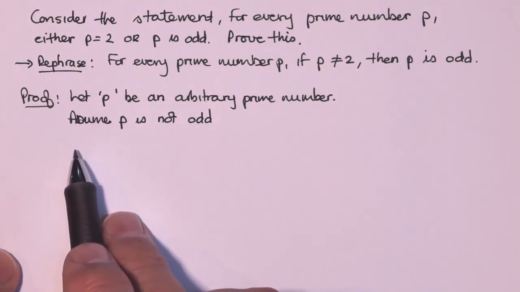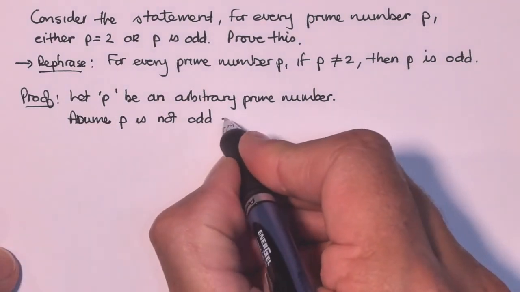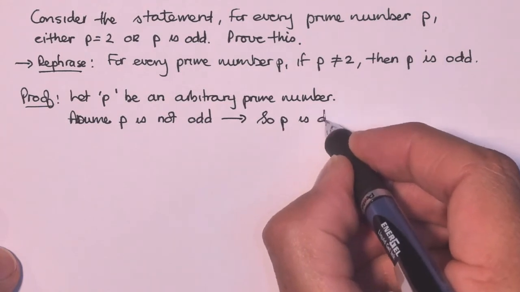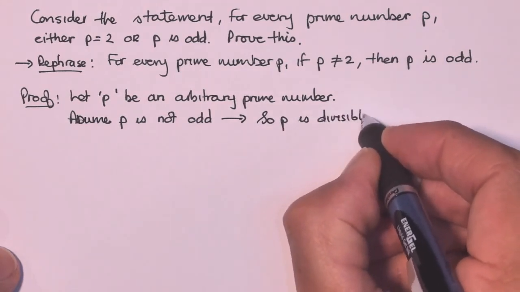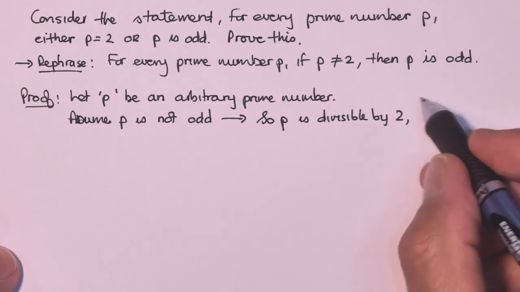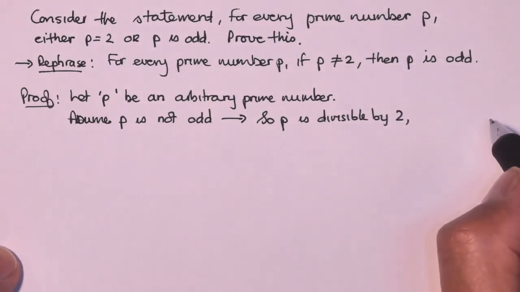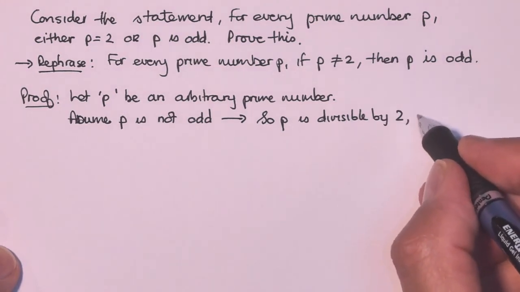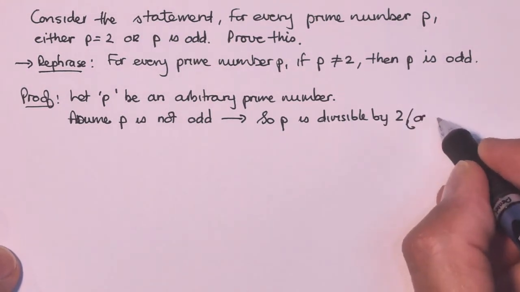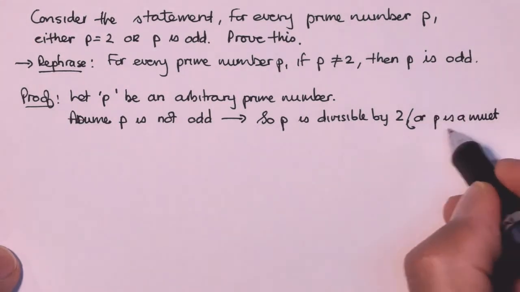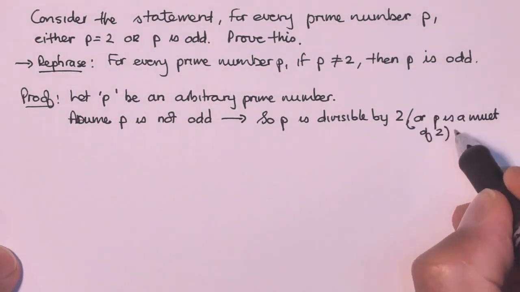Now our first statement, what does this mean now? So p is divisible by 2. Or another way to say this is that p is a multiple of 2. Okay? Or we can say p is a multiple of the number 2.